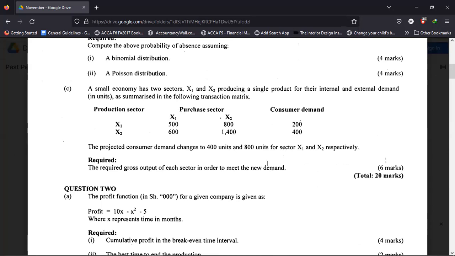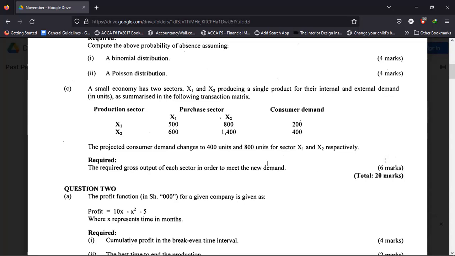A small economy has two sectors, X1 and X2, producing a single product for their internal and external demand in units, as summarized in the following transactions matrix. We have production sector X1, X2, and purchase sector X1 at 500, X2 at 600, then 800 and 1400.